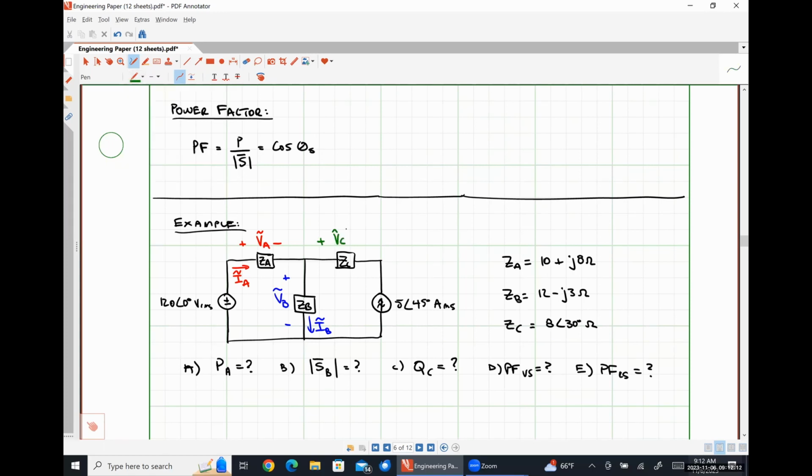This will be VC, IC. And then while we're at it, I want the power factor at which my sources are supplying power. So this is going to be the voltage drop across my current source, and this is going to be the current flowing through my voltage source. All right.